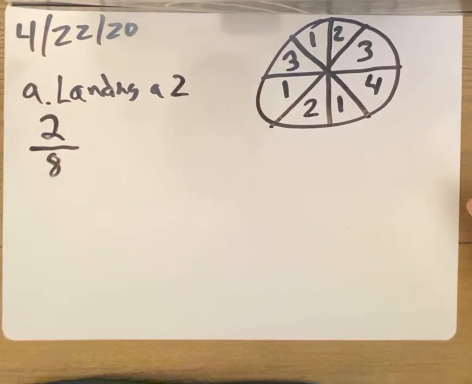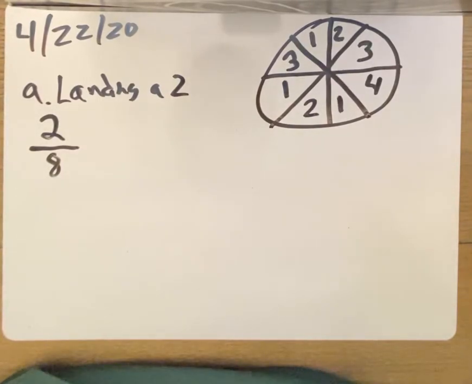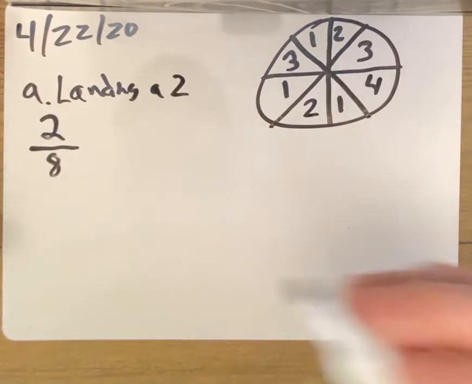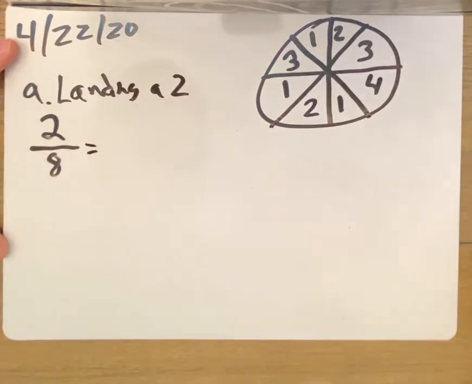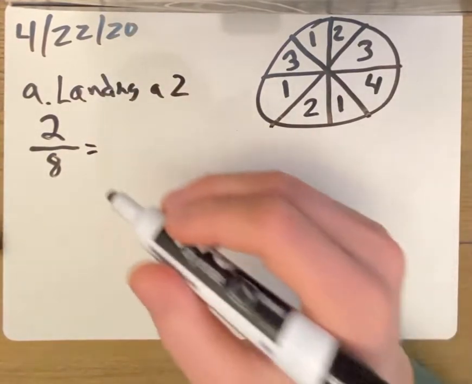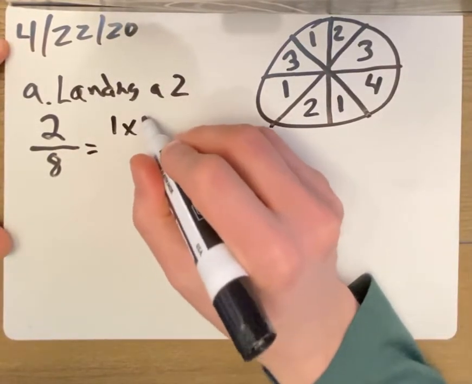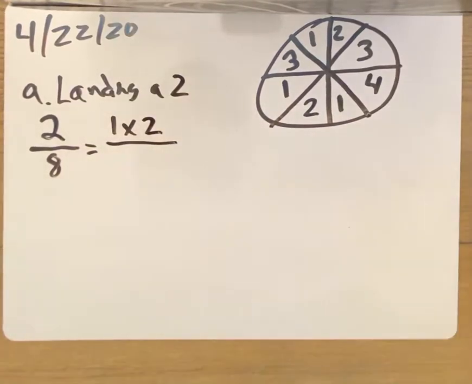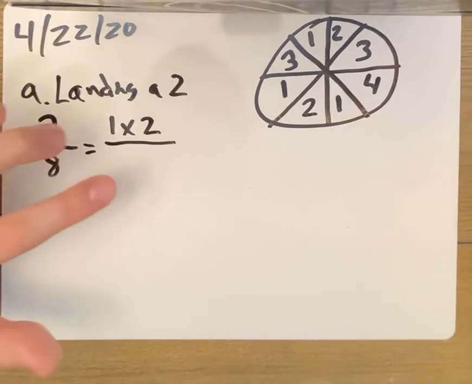And I want you to practice multiplying and reducing your fraction. So let's reduce 2/8. Let's remember our little trick. What multiplies to 2? 1 times 2. I can use 1 to multiply to 8, but I don't want to because I'm not going to reduce anything.